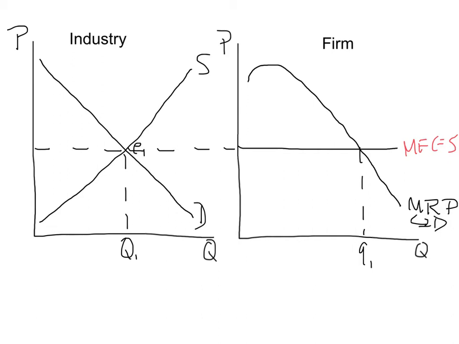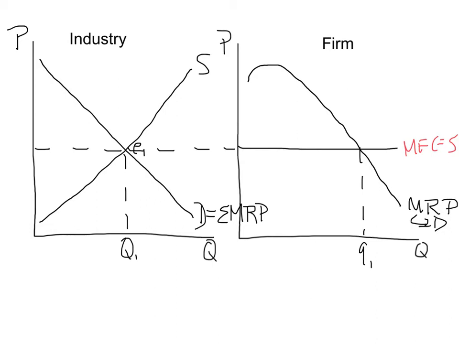Specifically, if there are 1,000 firms in the industry, each with their own demand curves, if we were to add those demand curves together, we're going to arrive at the industry demand curve. So, the industry demand curve can be understood as the sum of marginal revenue product curves from the individual businesses.